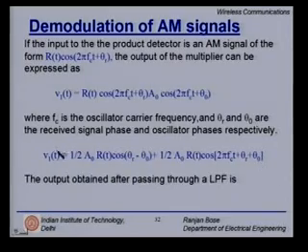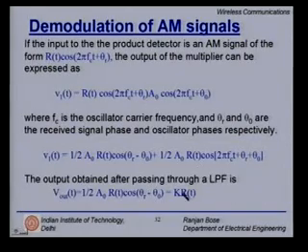Now, if you pass this through a low pass filter, what you obtain is just the first term, half A0 r(t) cos(theta r minus theta 0). Here the 2 pi fc t makes it a high frequency component, which is filtered out by the low pass filter. So, in effect you are left with K times r(t).